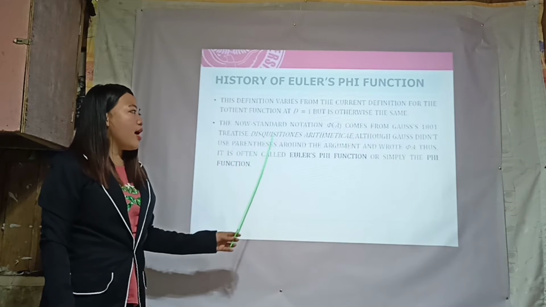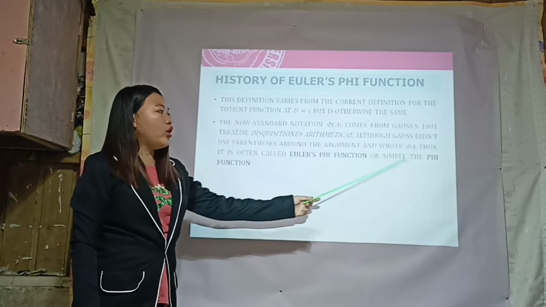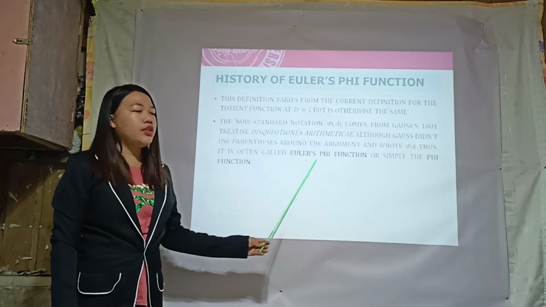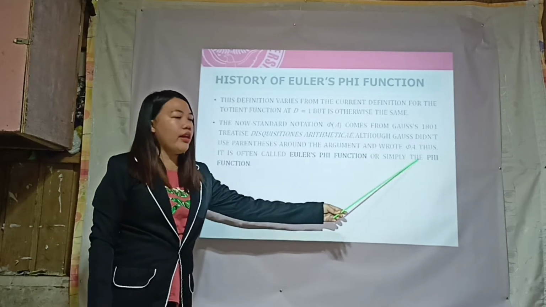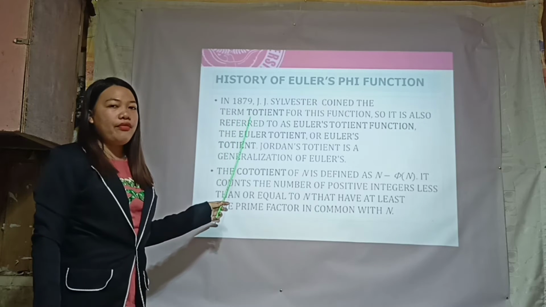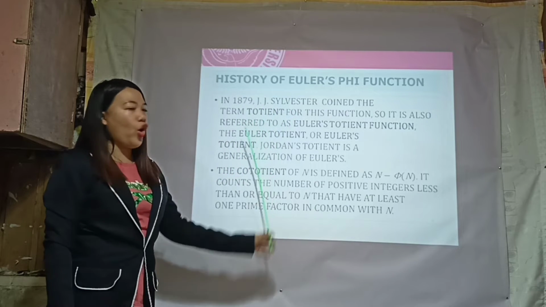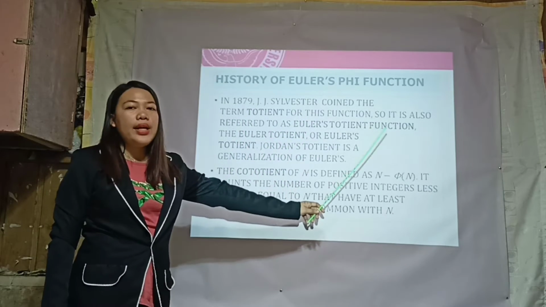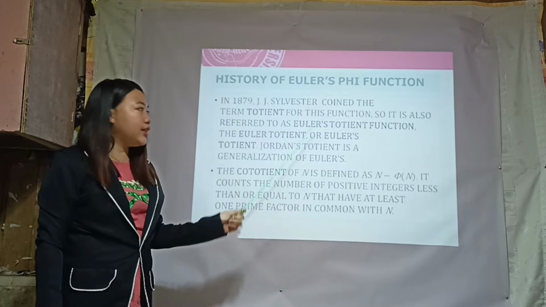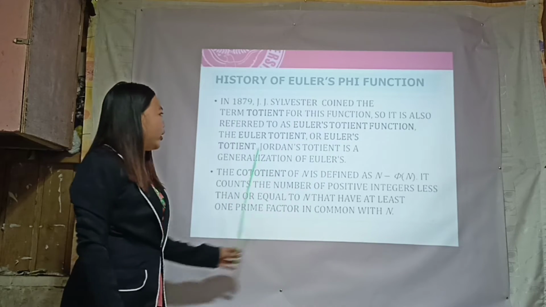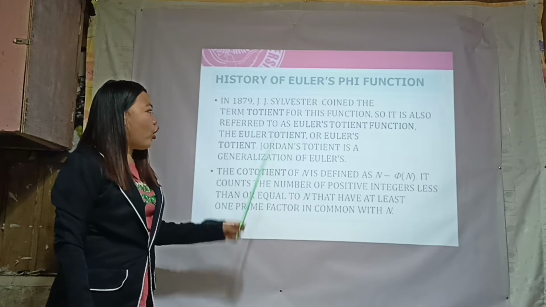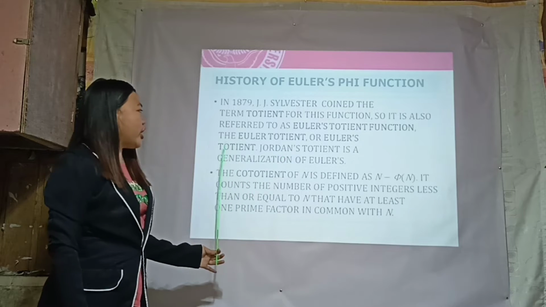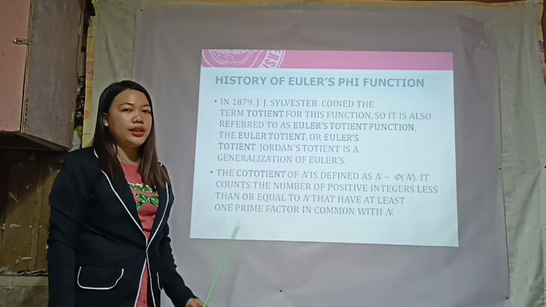Thus it is often called Euler's phi function or simply the phi function. In 1879, J.J. Sylvester coined the term totient for this function, so it is also referred to as Euler's totient function, the Euler totient, or Euler's totient. Jordan's totient is a generalization of Euler's.